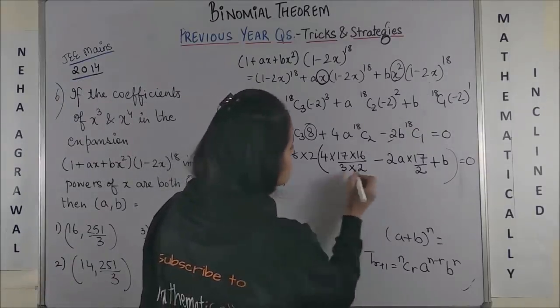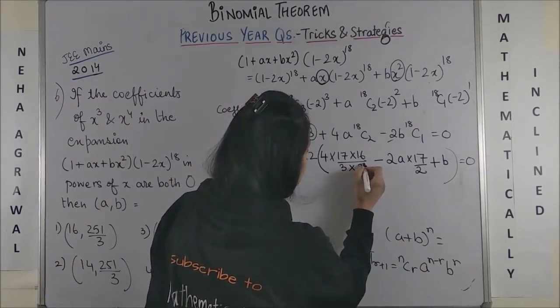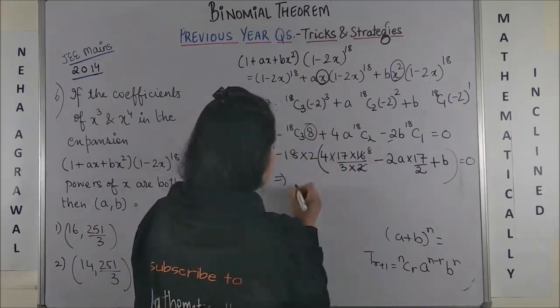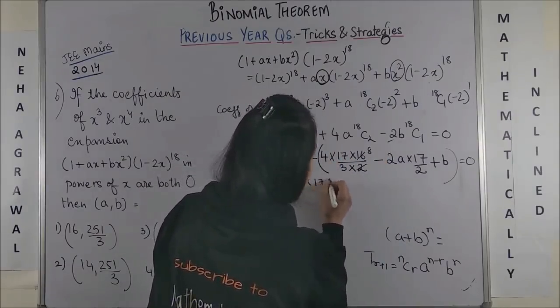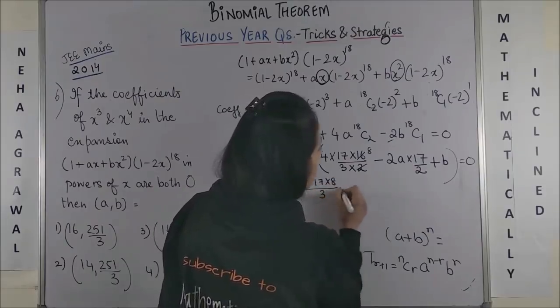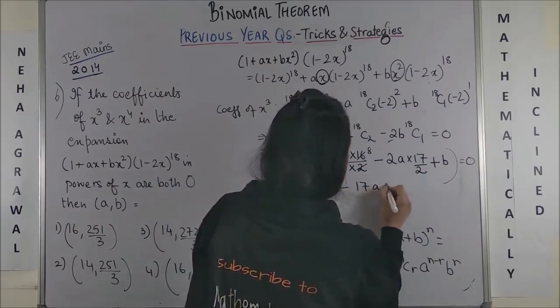So that means we are left with 4 into 17 into 8 by 3 minus 17a plus b is 0.